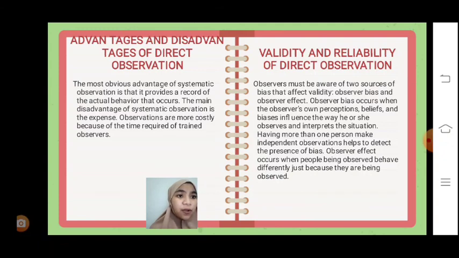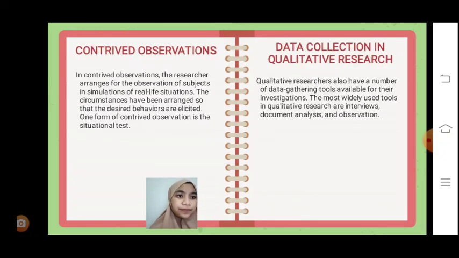Having more than one person make independent observations helps to detect the presence of bias. Observer effect occurs when people being observed behave differently just because they are being observed.